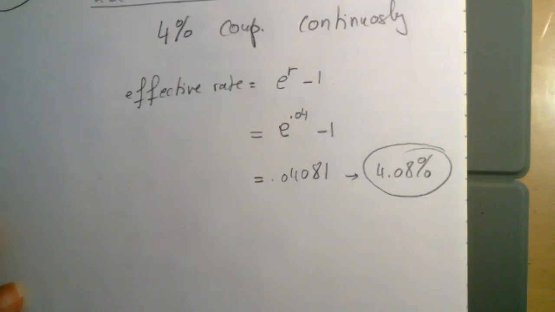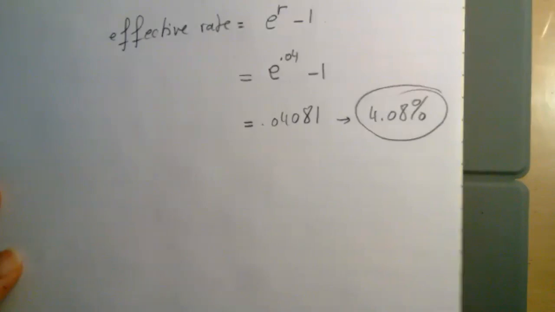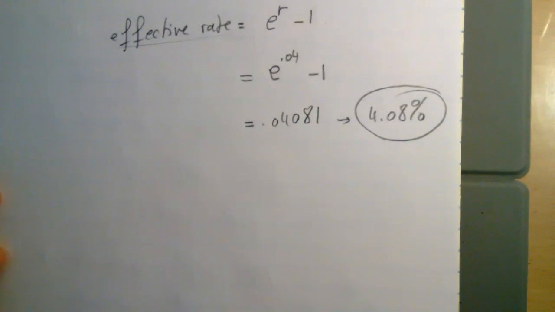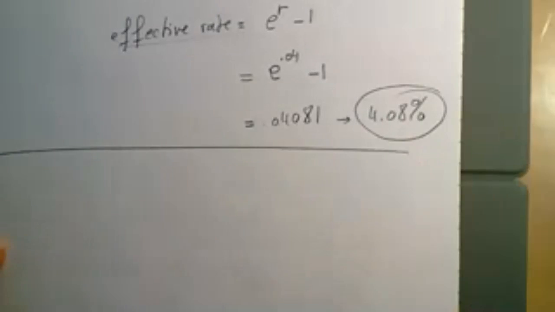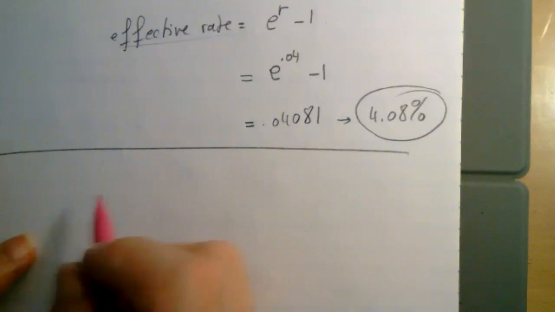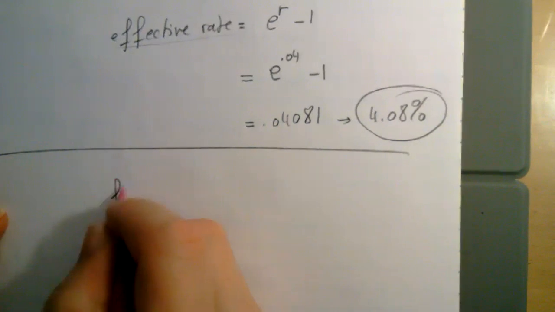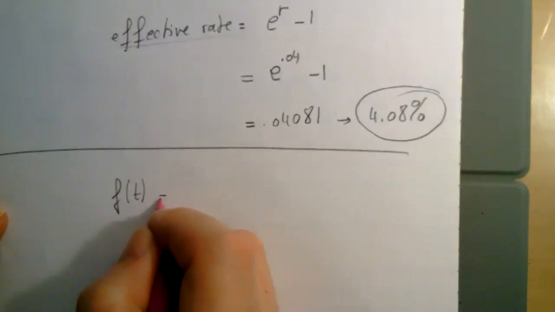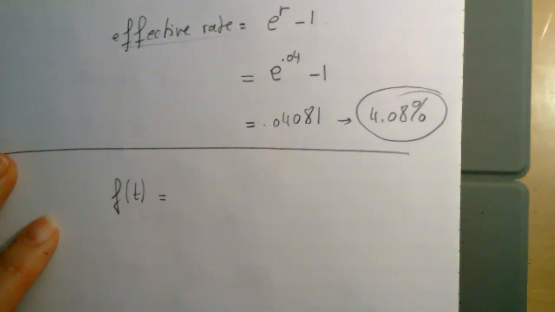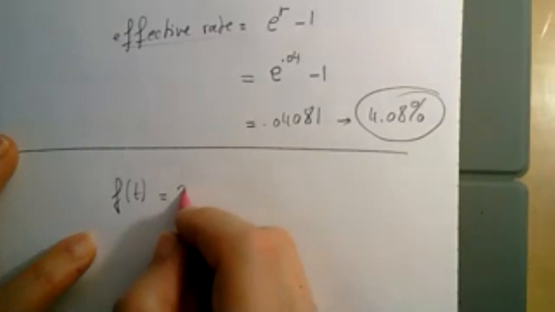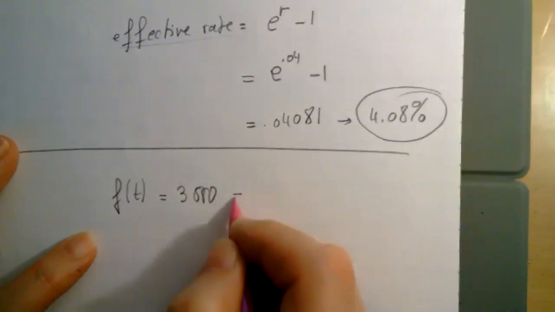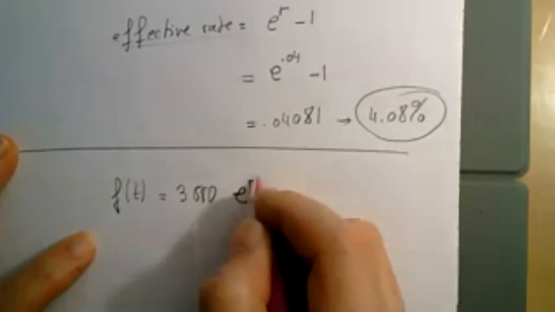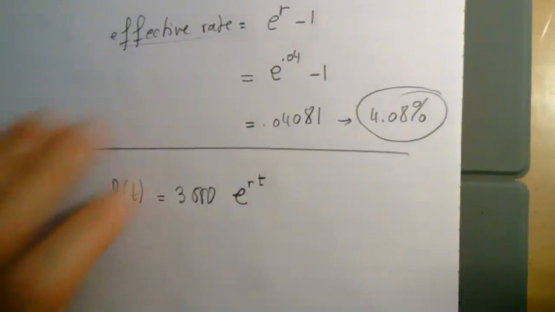Let me see if I can convince you where this formula is coming from. If the rate is compounded continuously and my initial amount is 3,000, it means the formula is 3,000 e to the rt, or e to the 0.04 t.